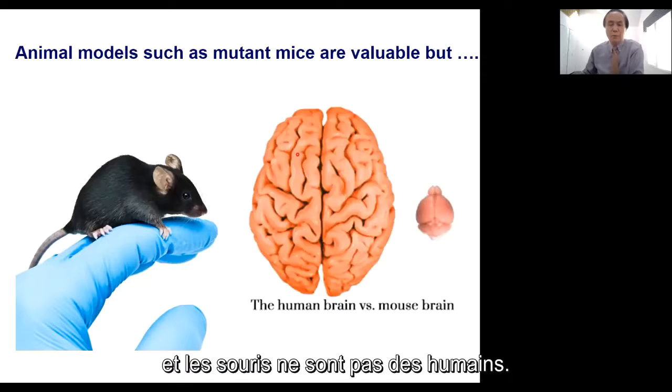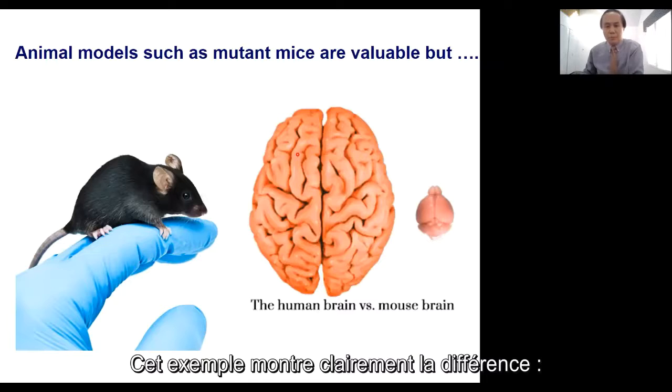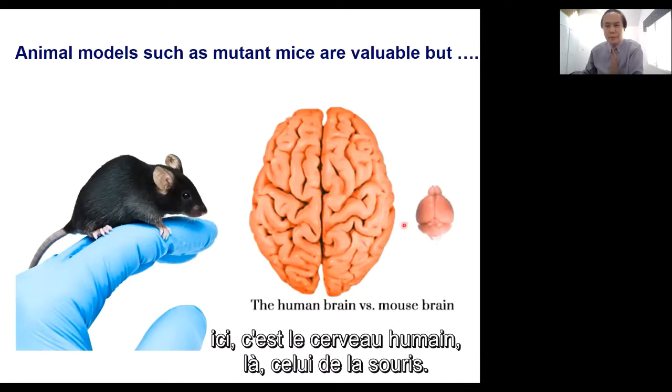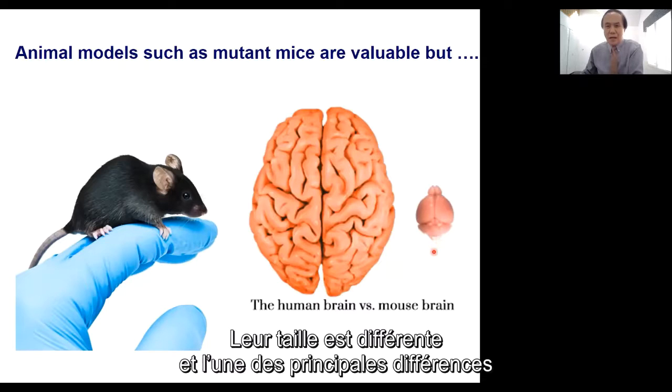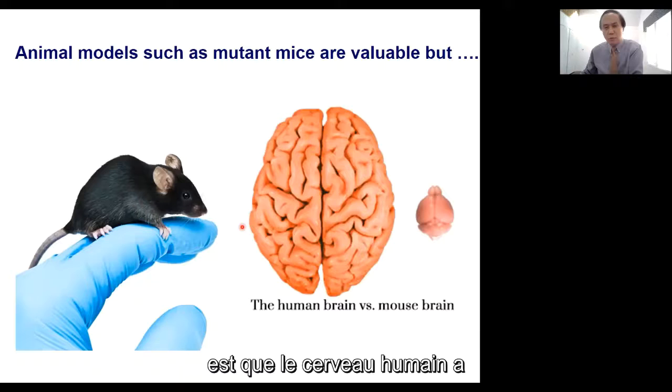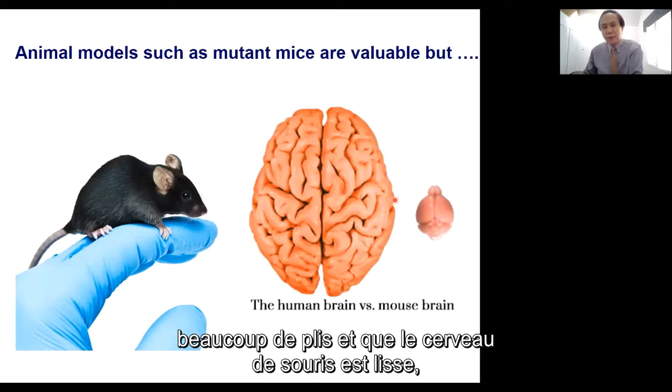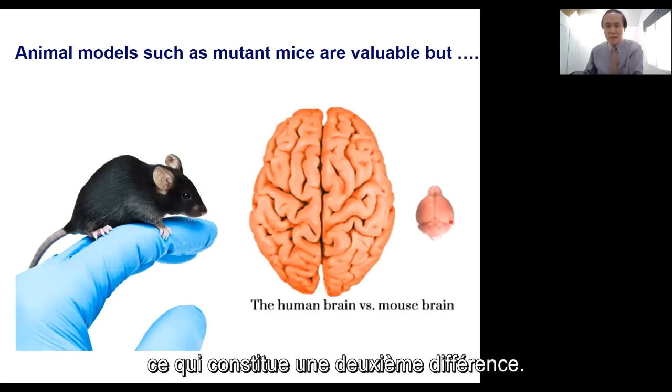A mouse is not a human. One example is shown here in contrast. This is the human brain, this is the mouse brain. The size is different, and the major difference you can see is that the human brain has a lot of folds, and the mouse brain is smooth. That's a significant difference too.